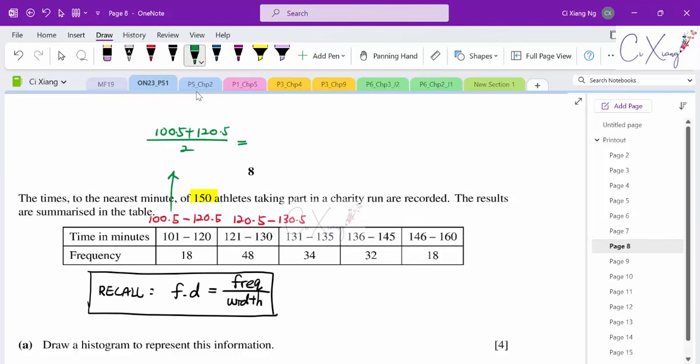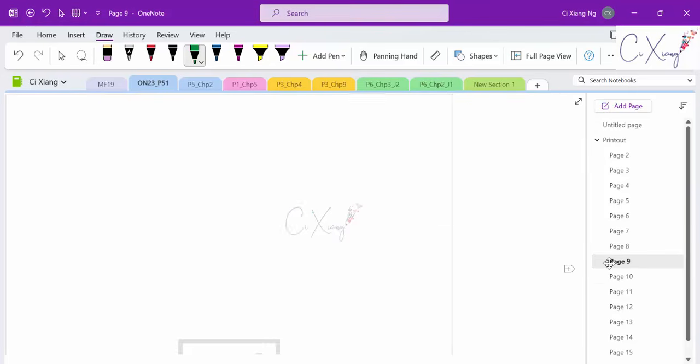So in this case, the midpoint for the first class is 110.5. So this is my x for the first class. You have to repeatedly do the same thing for the second class, third class, and so on to get all the midpoints first. I will not show you every single class here, so just make sure that you follow what we have: lower class boundary plus upper class boundary divided by 2. So this is how you get the midpoint.